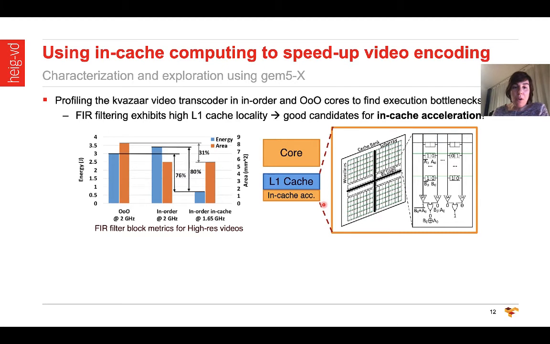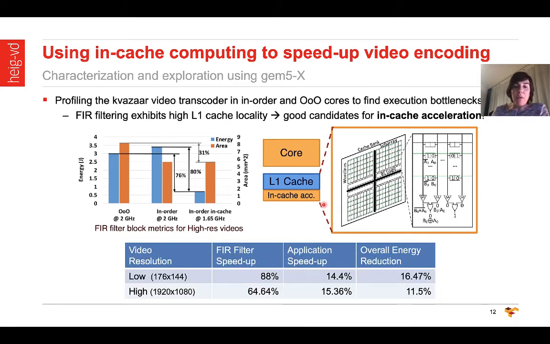It will allow us to reduce the energy. So what we are looking for is to reduce the energy and to enhance the performance of our system. We were trying that for different types of cores, at different frequencies, and for different types of input videos: high resolution, low resolution, medium resolution. And what were our findings?